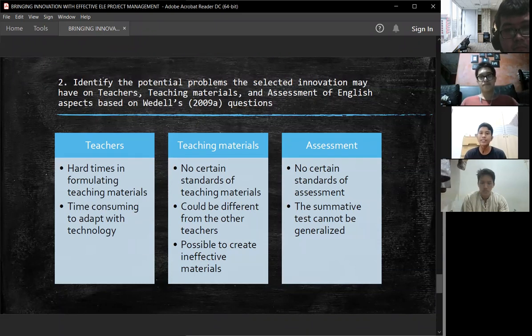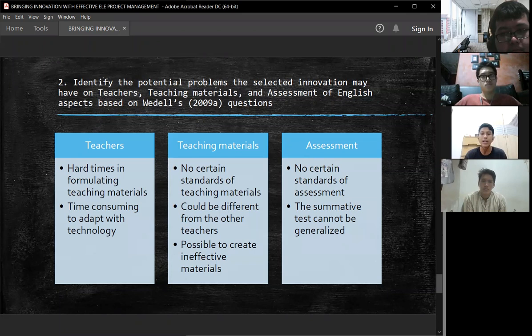The third aspect is assessment of English. There are no certain standards or rubrics of English assessment because teachers are given freedom to develop their own teaching materials, and the assessment as well. Then the English summative test cannot be generalized in each school in the same region, city or province level.